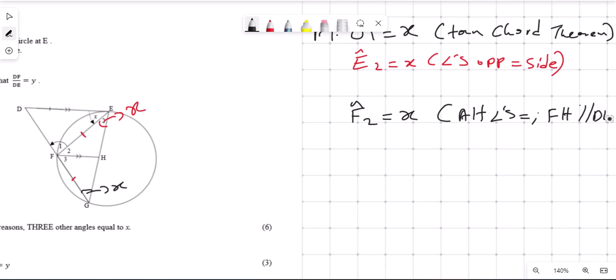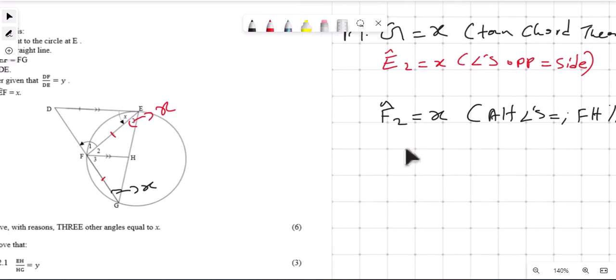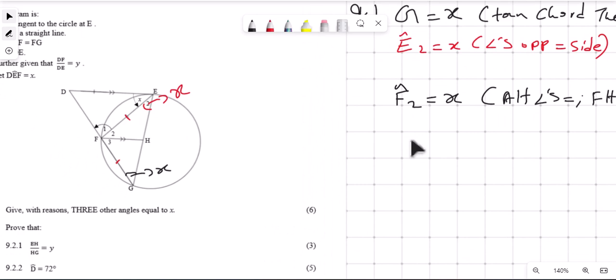DE. Okay, very well. Wow, 6 marks. You took all of it. I thought you were going to miss one.